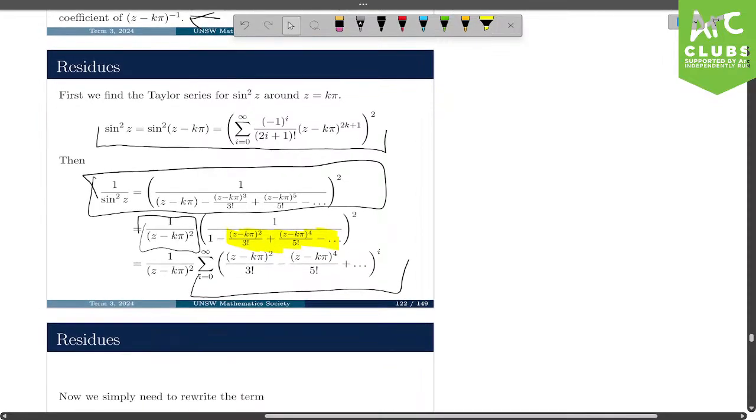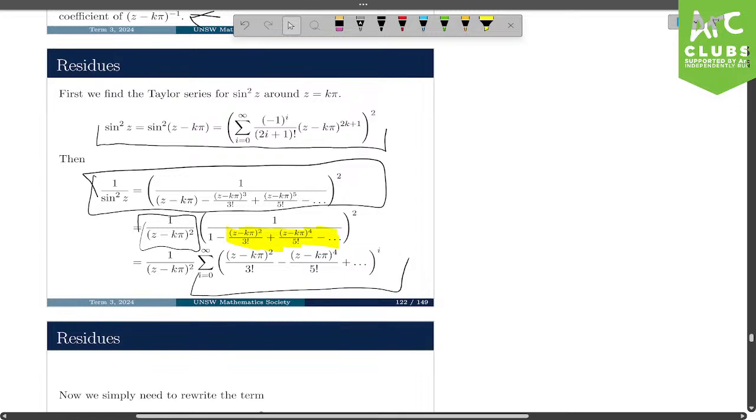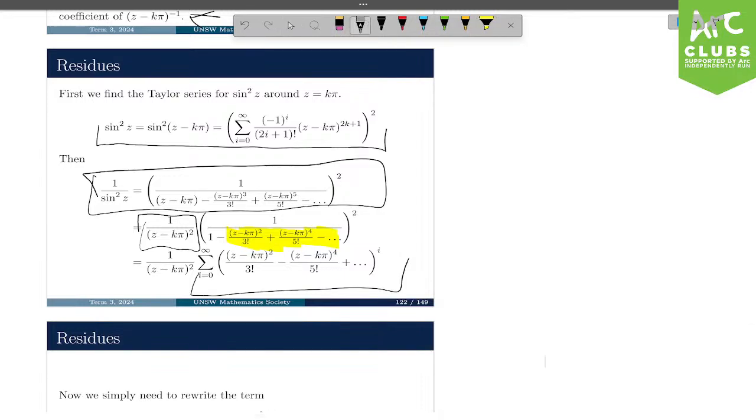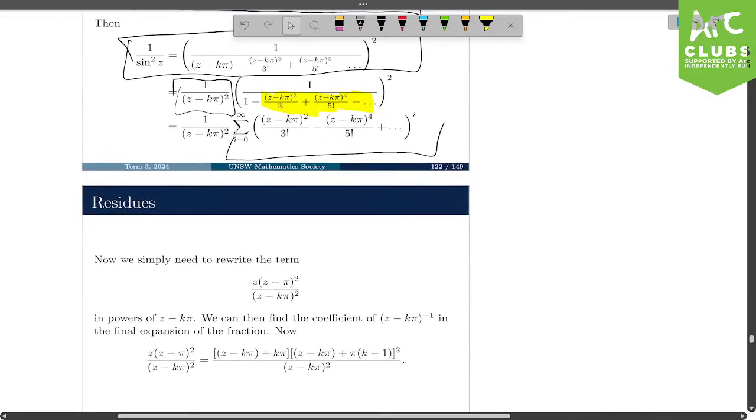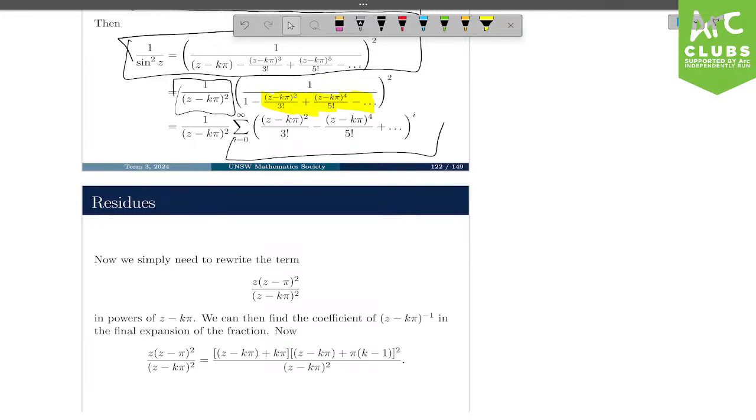But they move forwards with that, and good on them. They managed to move it into the numerator, and it is actually a sum now. We can deal with coefficients. Lovely stuff. Now, that is the 1 over sine squared dealt with as an elementary, not as elementary, form of Laurent series. Now we just need to multiply it by our remaining equation.